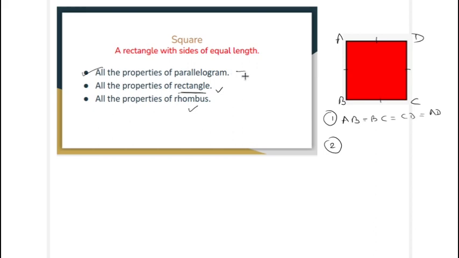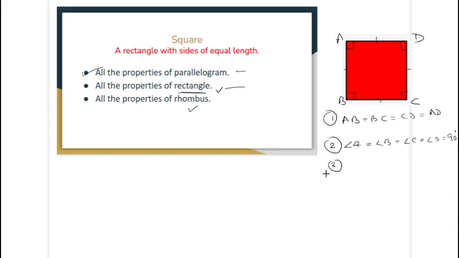In a parallelogram opposite angles are equal. In a rectangle all the angles are equal, and in a square also all the angles are equal and all the angles are equal to 90 degrees. Angle A equals angle B equals angle C equals angle D, which equals 90 degrees.